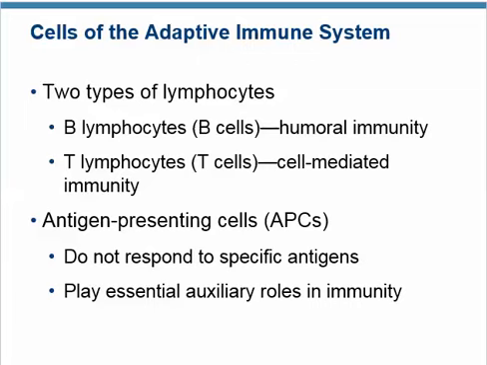Now, in order for this to work, we need something called antigen-presenting cells. And what antigen-presenting cells really are is a warning system. It's what actually presents the antigen to the lymphocyte to evoke the immune response. You don't really want the pathogen to spread through your entire body until it reaches the appropriate lymphocyte and evokes the immune response.